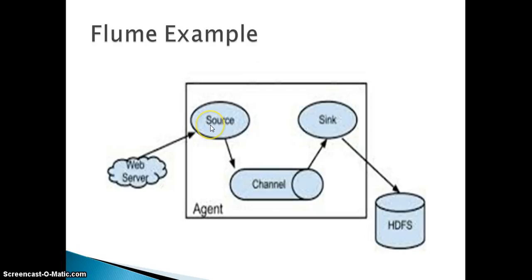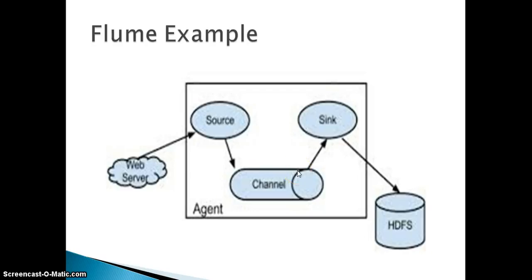So what the source does is it ingests the data into the channel, and the channel passively stores the data until these are consumed by the sink. As soon as the sink consumes and delivers the data into HDFS, only then will the channel remove its data. Before the sink transfers the data to HDFS, your channel will not remove the data.